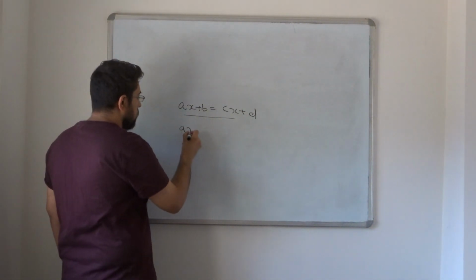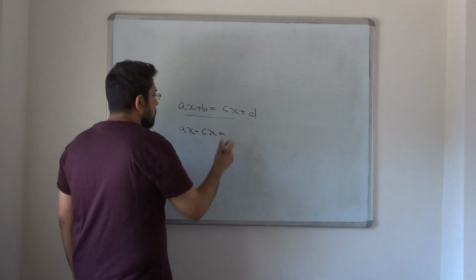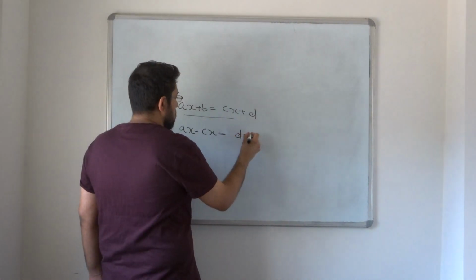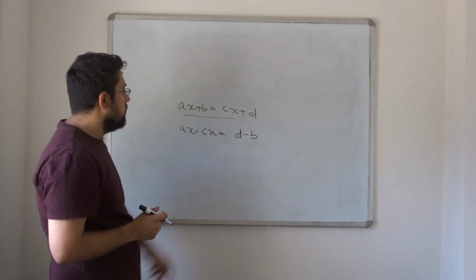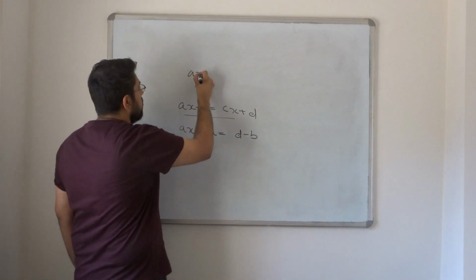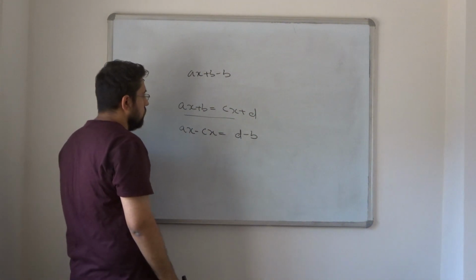So the first thing you do is ax minus cx, which equals d minus b, okay? Because plus b minus b. So basically, this is what you do. Ax plus b minus b. Okay, that's what you do.